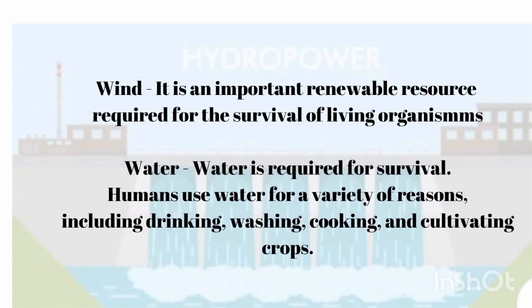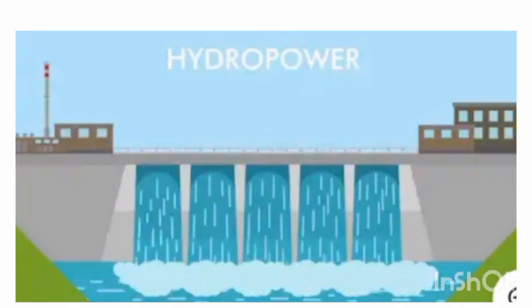Number 3, water. Water is required for survival. Humans use water for a variety of reasons, including drinking, washing, and cultivating of crops. Energy from the water is known as hydroenergy.